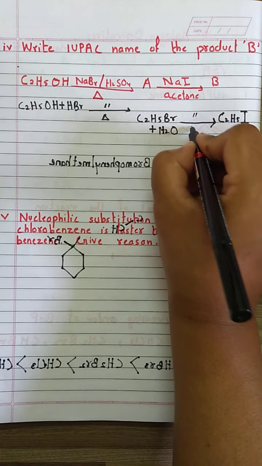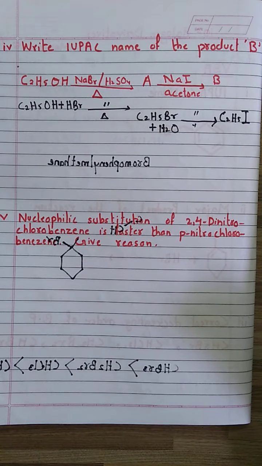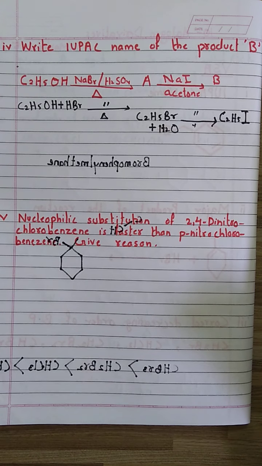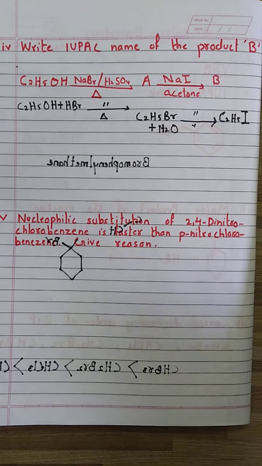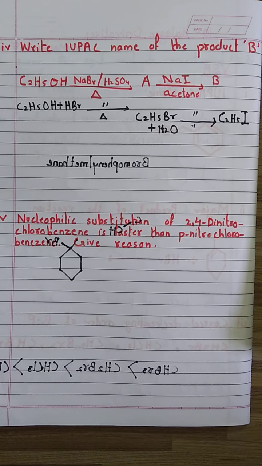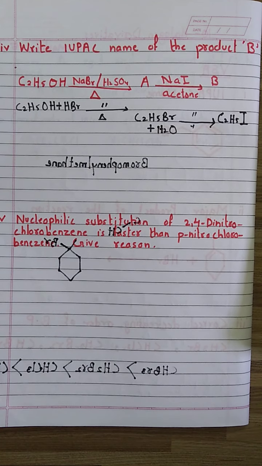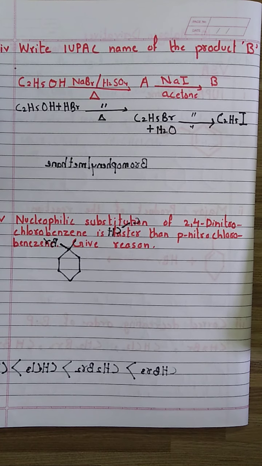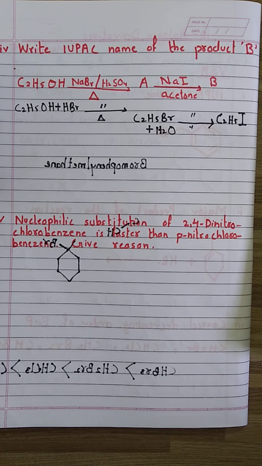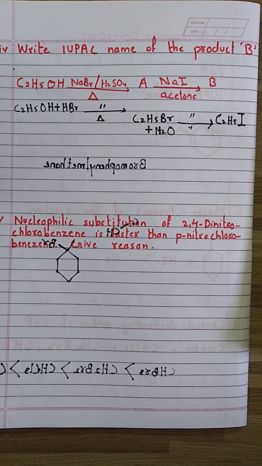This reaction is known as Finkelstein reaction. In Finkelstein reaction, alkyl chloride and alkyl bromide can be converted to alkyl iodide by treating it with sodium iodide in presence of acetone or methanol.